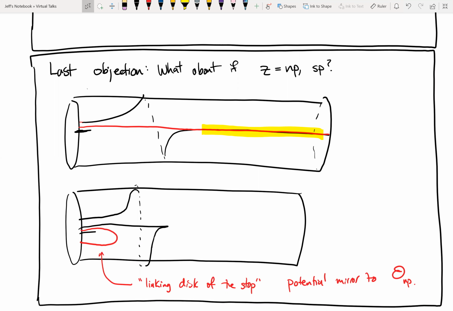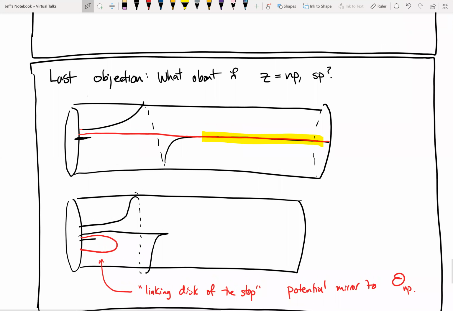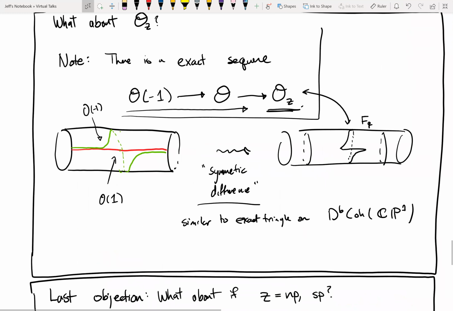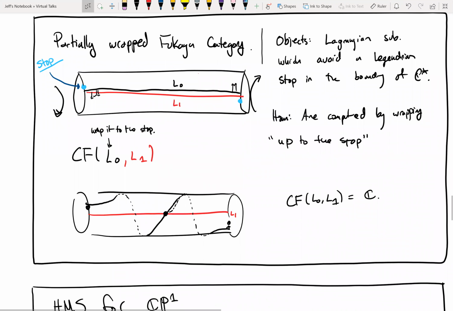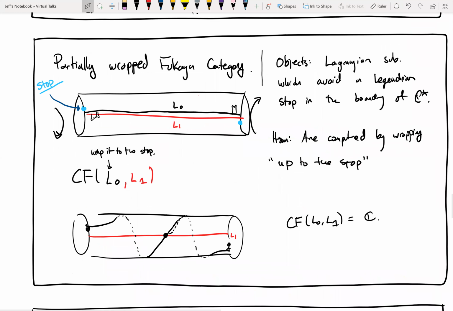Okay. And also another question, does the Hom that you've computed in the partially wrapped Fukaya category depend on how you actually wrap around the stops? Because in the example you gave, you're wrapping one of the Lagrangians in a specific direction at each end of the cylinder.